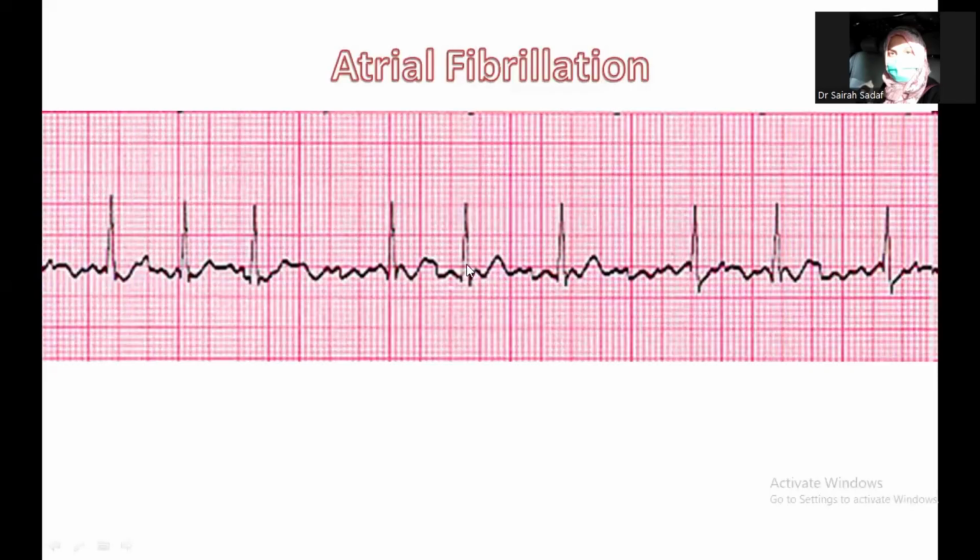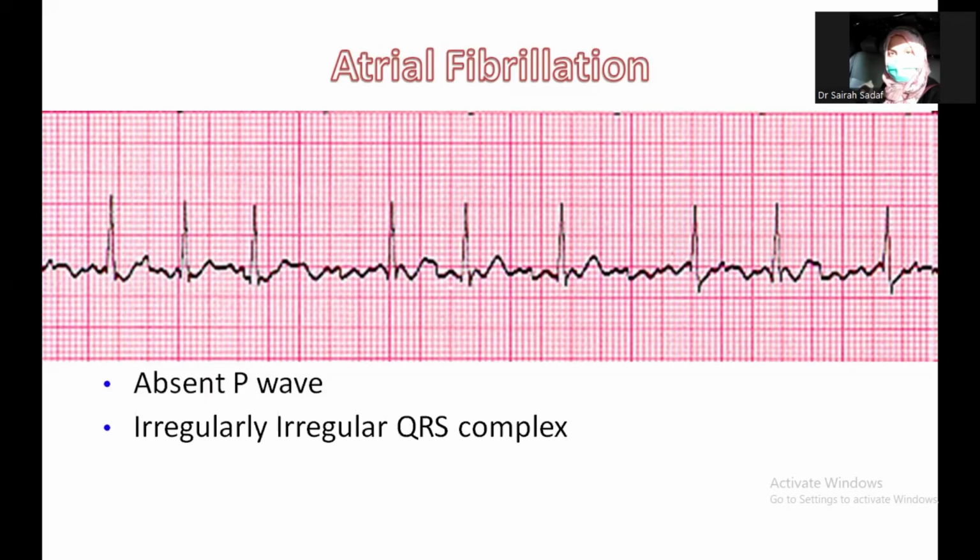Now, about atrial fibrillation. Atrial fibrillation comes under narrow complex tachycardia, but with irregular rhythm. We all know that. What may happen? There may be an absent P wave. There are fibrillatory waves.